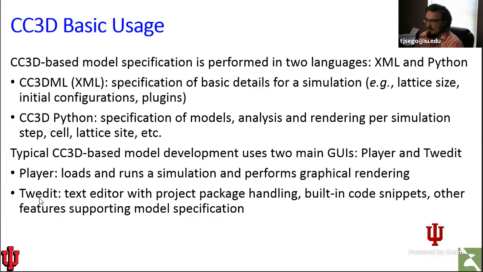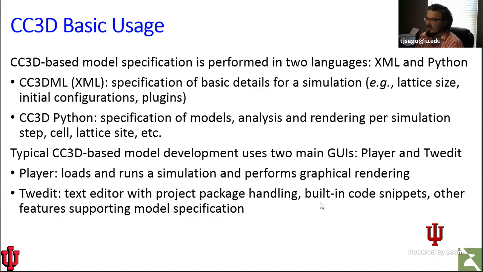Whereas Twedit, our second GUI, is a software package that we release that is built to support model specification in CC3D. So this is a text editor that is packaged with lots of built-in support for productivity and functionality, doing common CC3D modeling tasks, and so on and so forth.